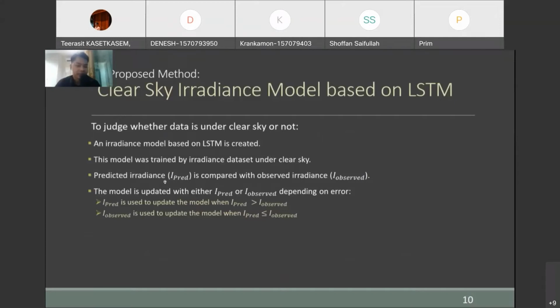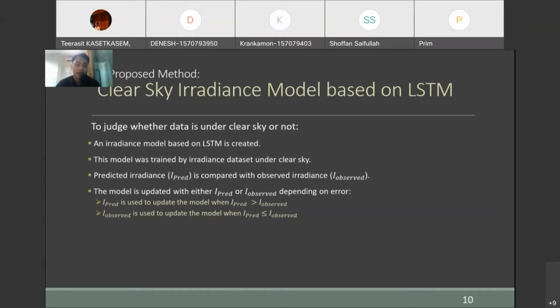This parameter will be compared with the observed irradiance, and then we will judge if the data is under clear sky or not by observing the difference between these two. If the difference is large, it means that this data is not under clear sky condition.